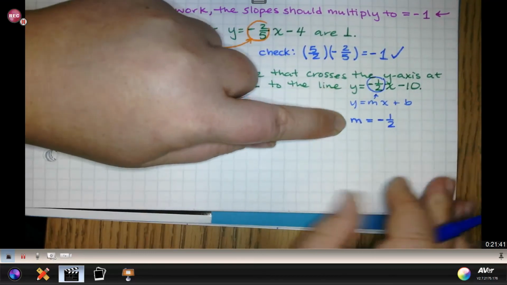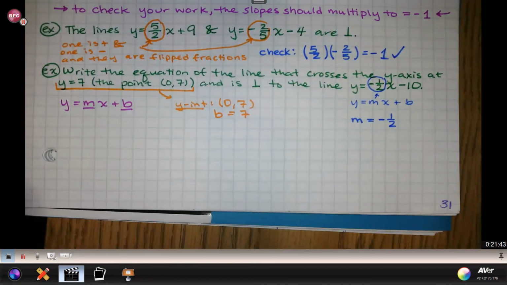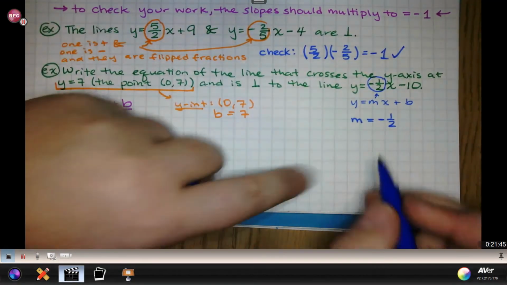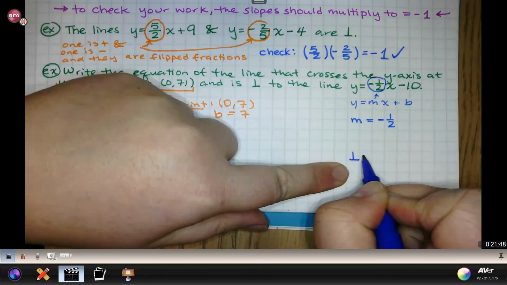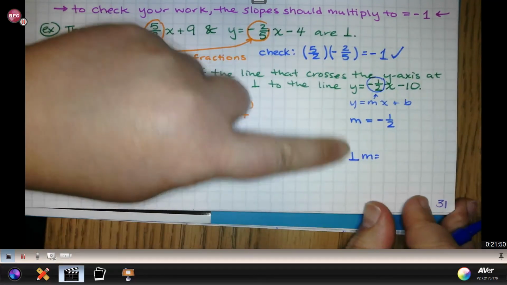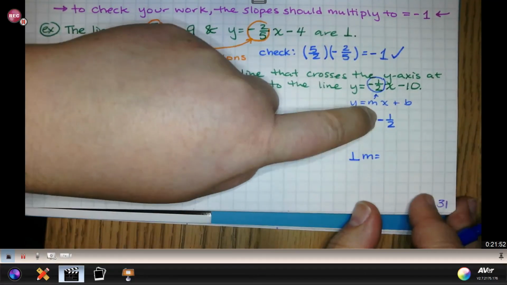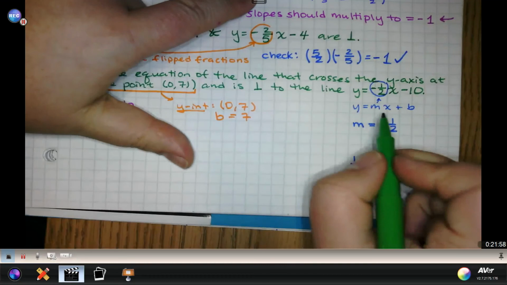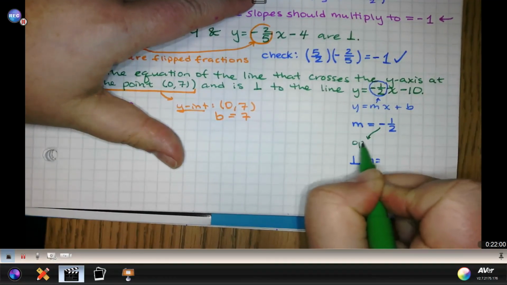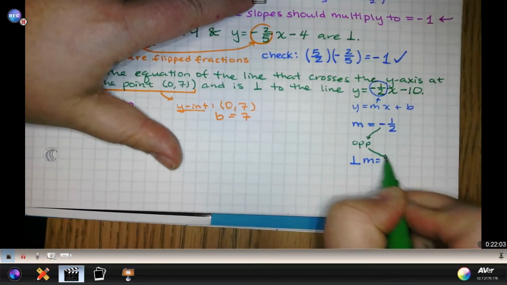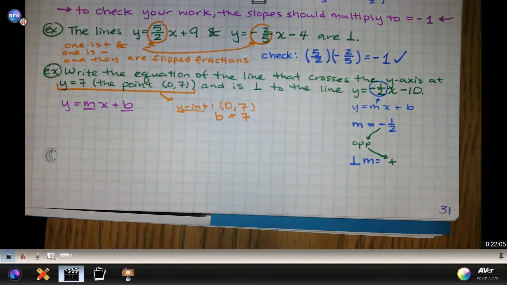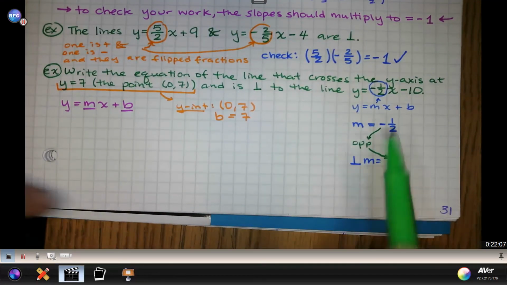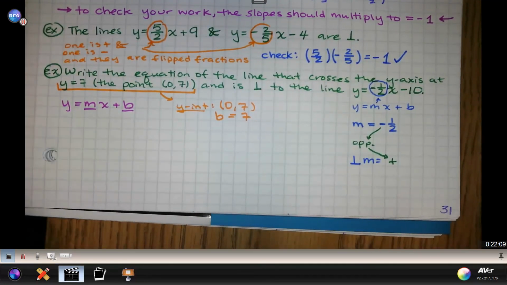Now, be careful. That's the slope of this right here. I need to find the perpendicular slope. Like, what is perpendicular to this? Well, we know that we need to do, from above, opposite. So because this one is negative, this one's going to be positive. Okay, so I abbreviated that to opp.